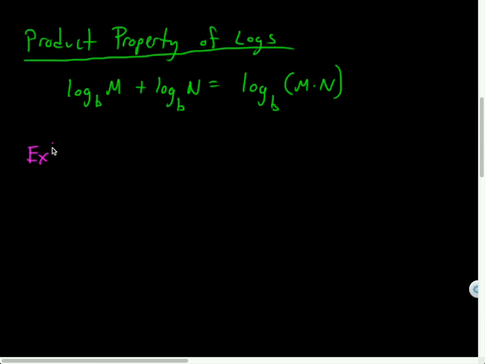For instance, what if I told you that log base 3 of 5, let's say we happen to know that, was 1.4650. And let's say I told you that log base 3 of 2.